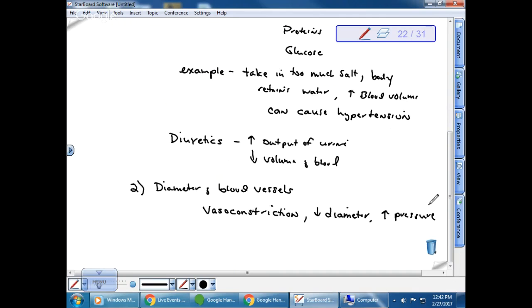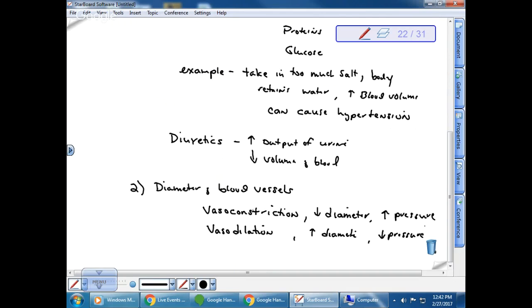So the opposite of vasoconstriction is vasodilation. So this is where you increase the diameter, but you decrease the pressure.